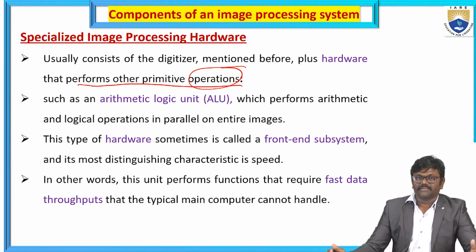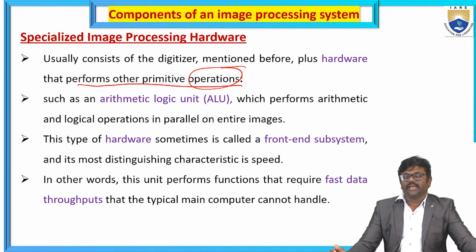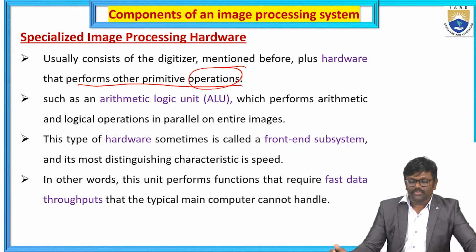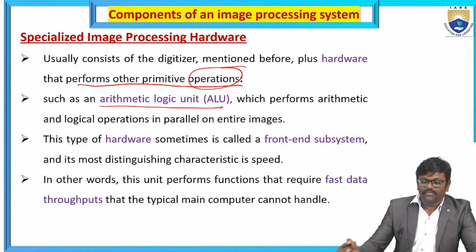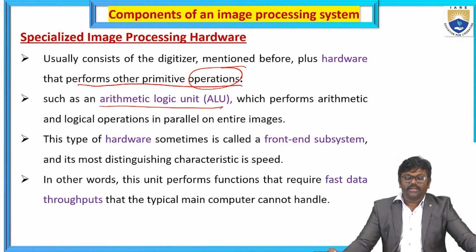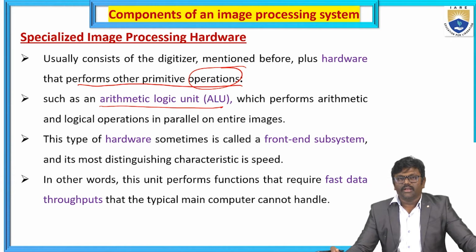First of all, we have to understand that under the specialized image processing hardware, we use one of the operation processes, the ALU. The full form of ALU is arithmetic logic unit, which performs arithmetic and logic operations in parallel on entire image data.